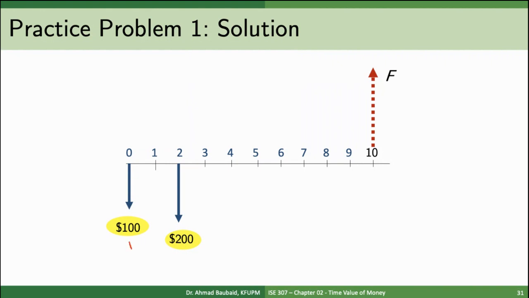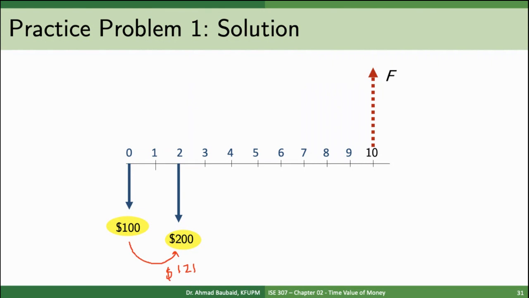What your fellow classmate was saying just now is he would compute the future worth of this $100 at time 2, and then add the 200. So he's going to apply interest to the 100 for 2 time periods and get 121, because the interest rate is 10% per year. If you move the 100 by 1 time period, you add 10%, and then you move it again, you add another 10%, and you get 121.